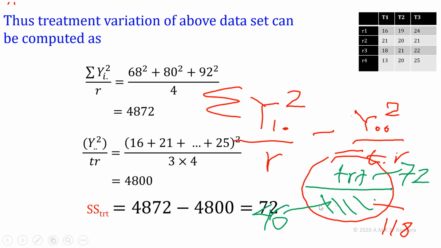Now we can test whether this treatment variability is significantly larger than this error variability. Here, within treatment variability we also call error variability, or residual or error variation.